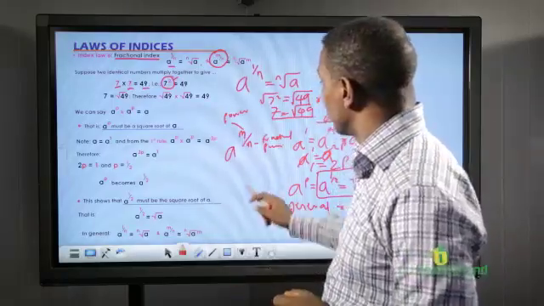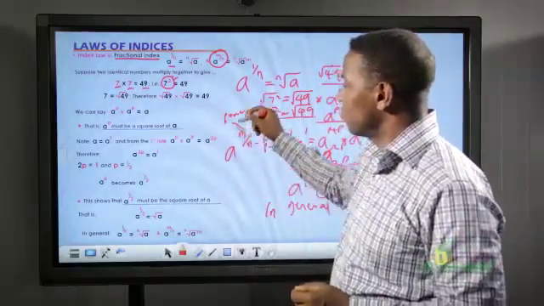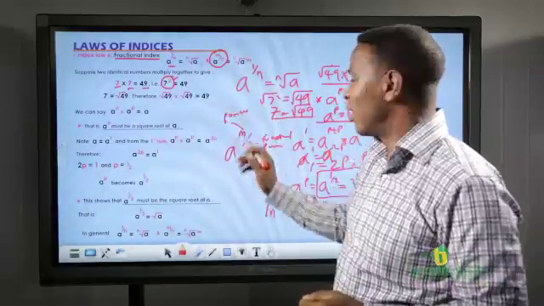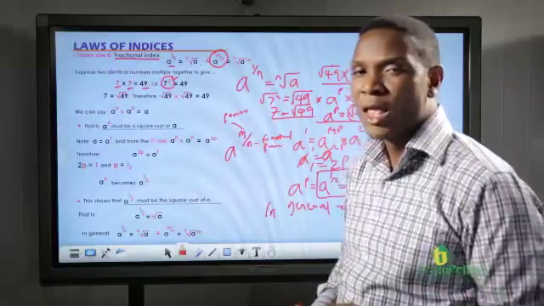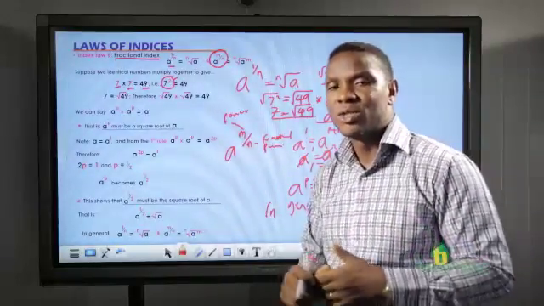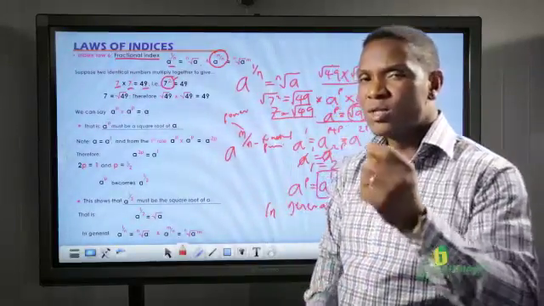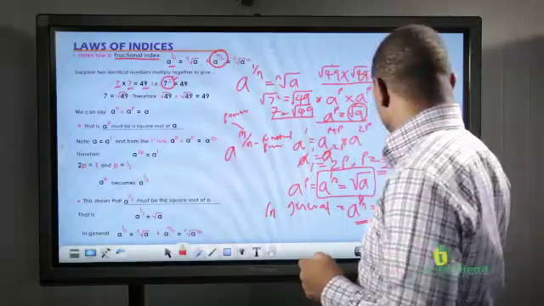So whenever you come across such situations, m represents a whole number power, while n represents our fractional power. I'm sure if we take some examples, this will be very clear to you. Let's go into some examples and see.